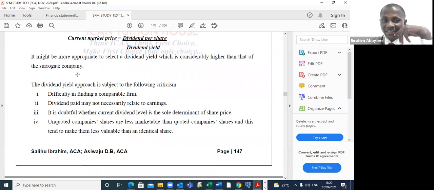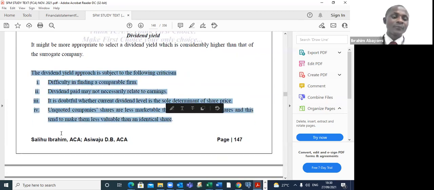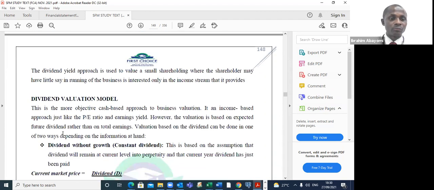Because you are using the dividend yield of a quoted company to value an unquoted company, you are telling me that the two of them will have a similar market price. But that is not the case. These are the weaknesses of the dividend yield approach.